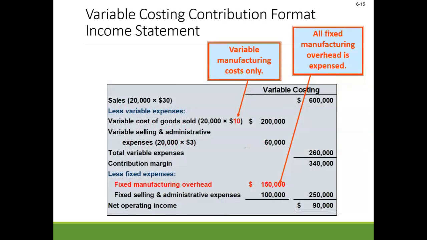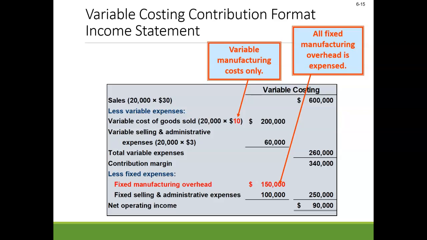You see here, under variable costing, we show our sales, 20,000 at $30 apiece is our $600,000 in sales, and that's going to be no matter which method we use.